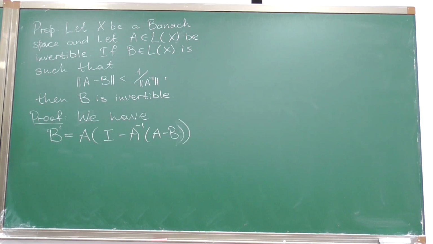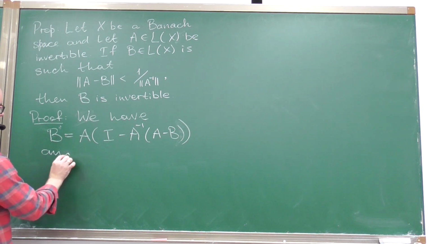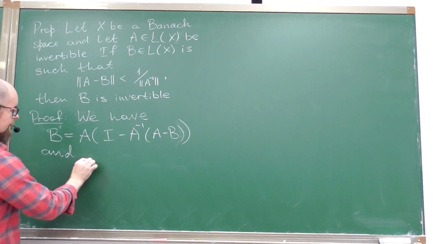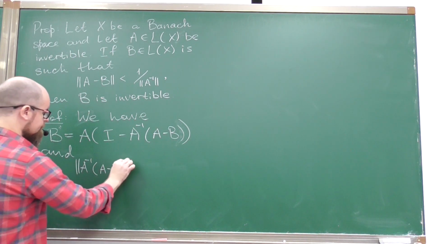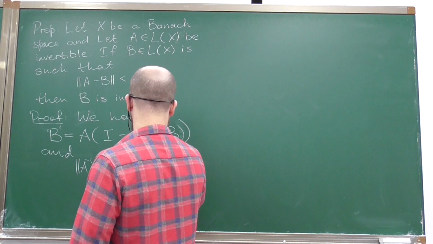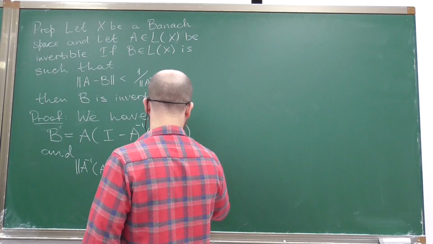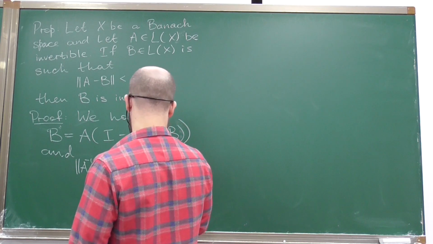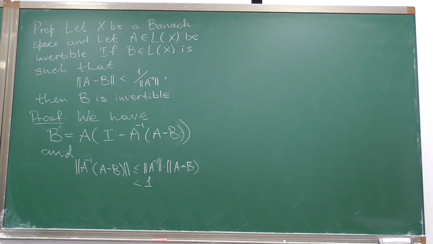And now let us use this estimate on the norm of A minus B to conclude that the norm of A inverse times A minus B is less than or equal to the norm of A inverse times the norm of A minus B, which is strictly less than 1 by our assumption.